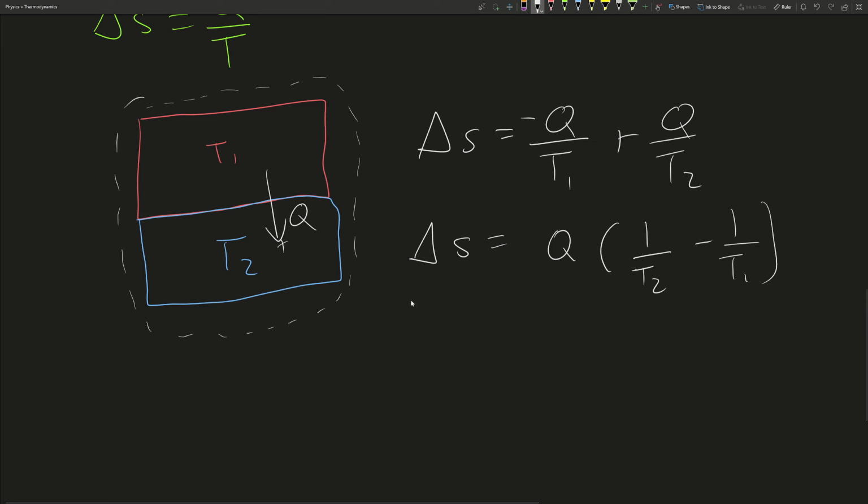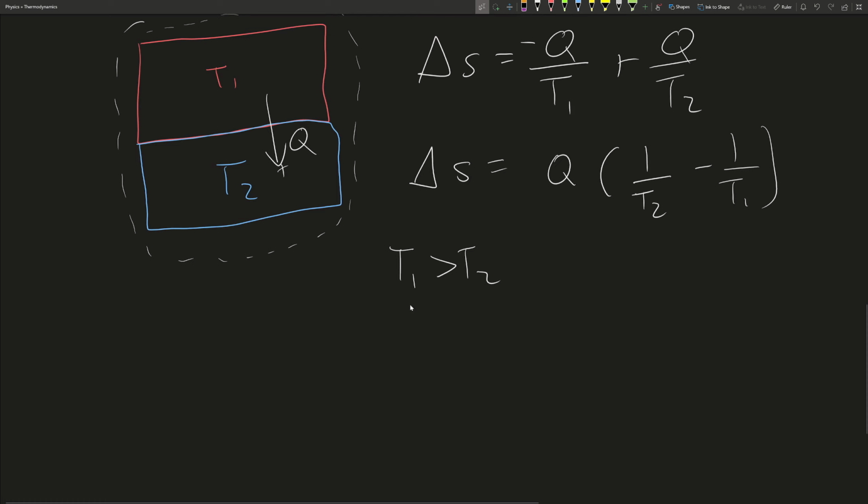Now let's see what this means here. So let's assume that T1 is at a greater temperature than T2. That means that 1 over T1 is going to be less than 1 over T2. So if this is true, then 1 over T2 minus 1 over T1 is going to be positive.